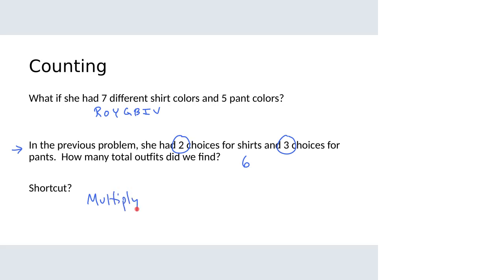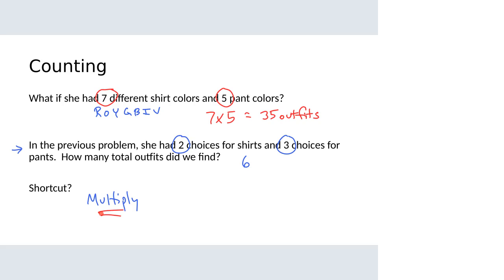And Riley is exactly right. If she had 7 different shirt colors and 5 different pant colors, then we would just multiply those and see that she would have 35 different outfits that she could make. So our shortcut here is to multiply.